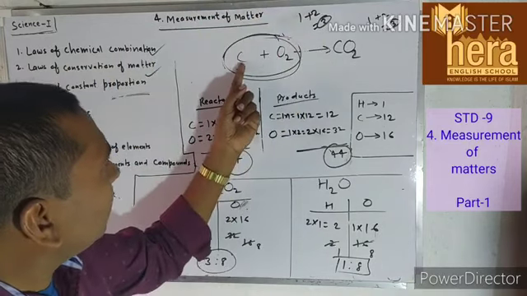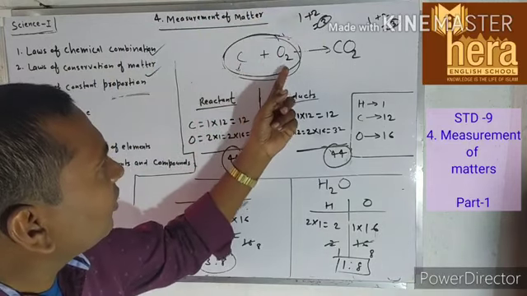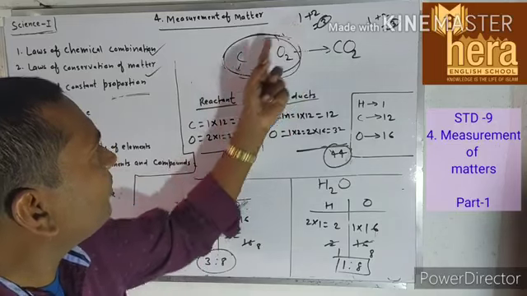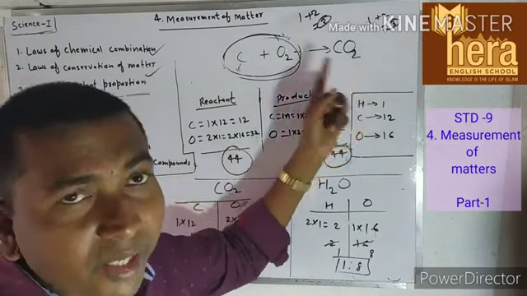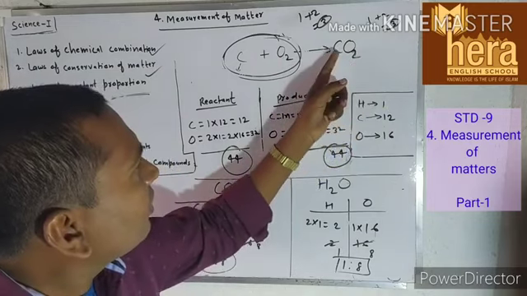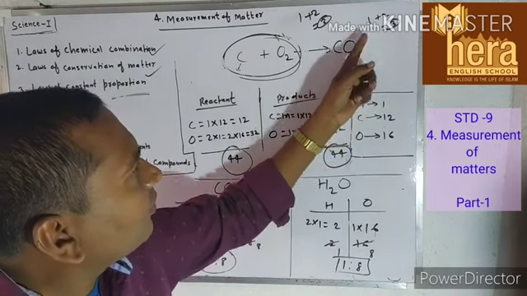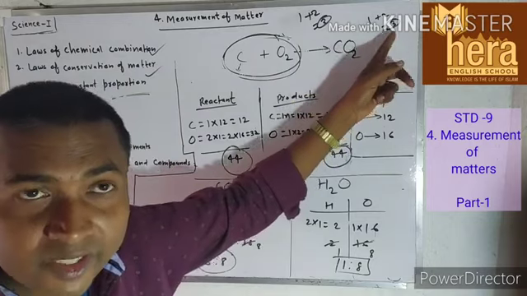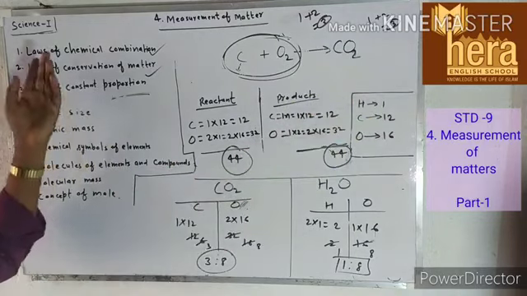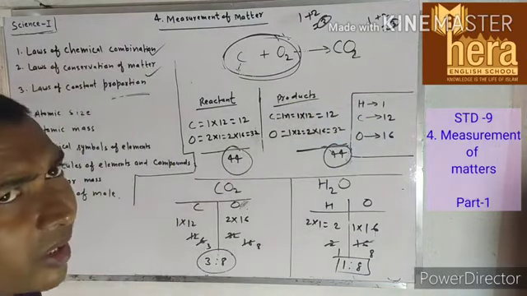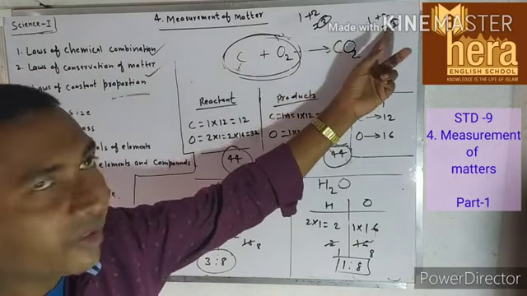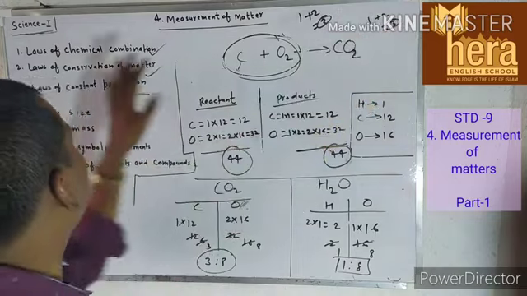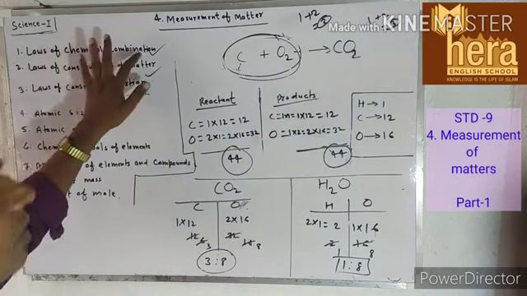One atom of carbon and 2 atoms of oxygen. 1 plus 2 is equal to 3, and the total number of atoms in the product side is 1 carbon atom and 2 oxygen atoms. 1 plus 2, that is equal to 3. So according to the law of chemical combination, the total number of atoms present in the reactant side is equal to the total number of atoms present in the product side. This is called the law of chemical combination.